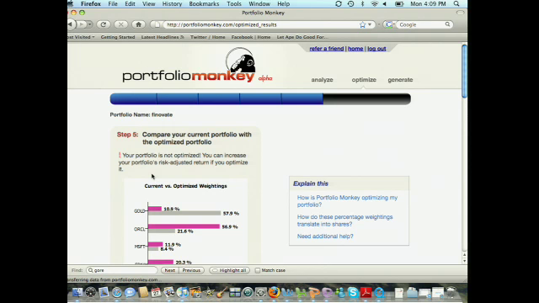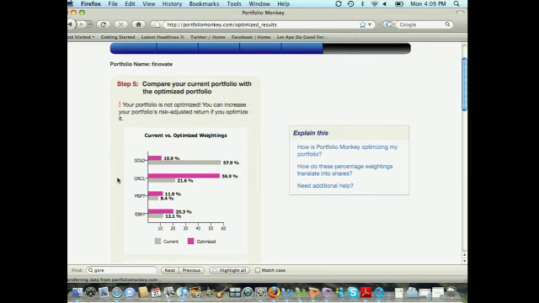So here, PortfolioMonkey has compared my optimal portfolio weightings versus what I currently have. It tells me I am significantly overweight gold, given those return assumptions, and underweight Oracle, Microsoft, and eBay.